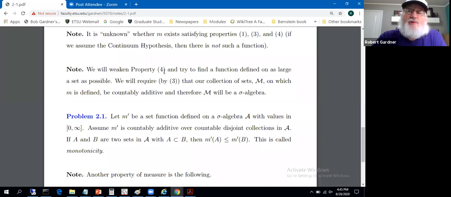Okay, well, we'll just try to define the function on as large a subset of the power set of the reals as possible. So it won't be defined on the power set of the reals, but we'll define it on a whole bunch of sets of real numbers. In fact, to find a set on which this measure is not defined, we will go to some pretty exotic set theoretic lengths.